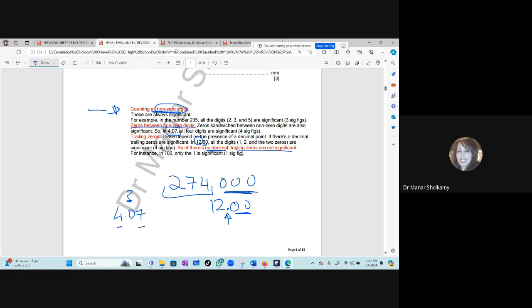Are you with me? So if you have this example, 24700, there is no decimal, so these 2 zeros are not considered significant, but those 3 are. If you have a value 12.00, because there's a decimal, these 2 are considered significant. So when are the zeros considered significant? If they come after a decimal or if they are in between 2 significant numbers. Do you understand me?